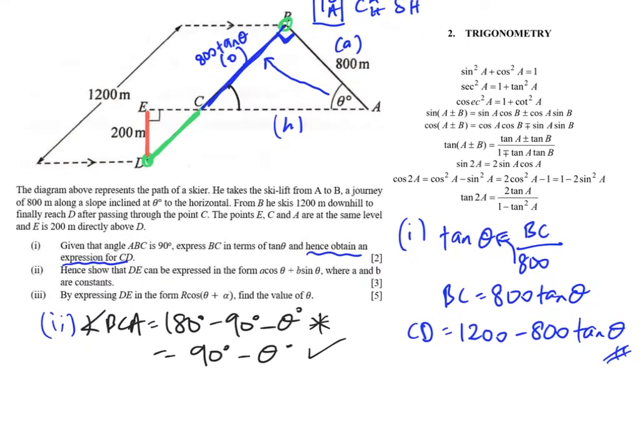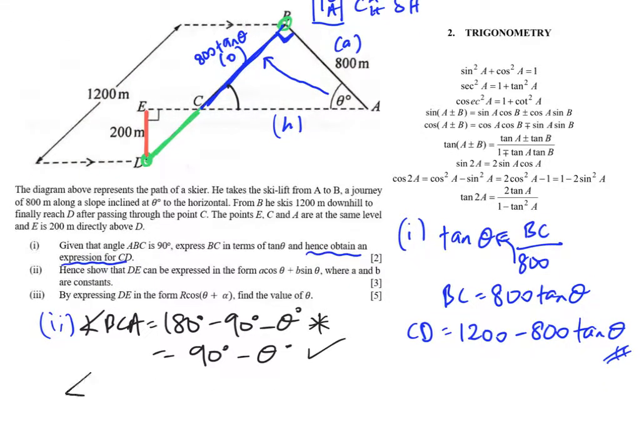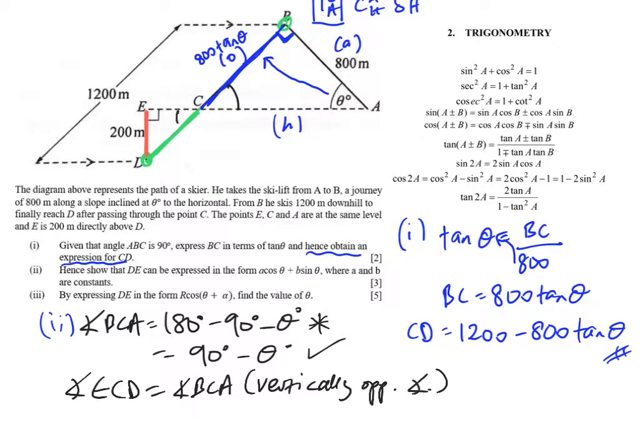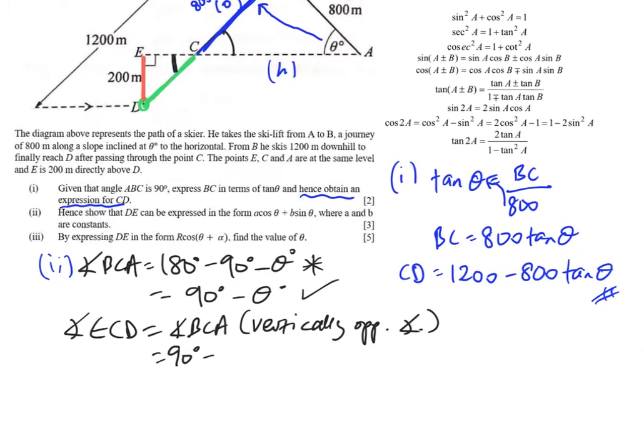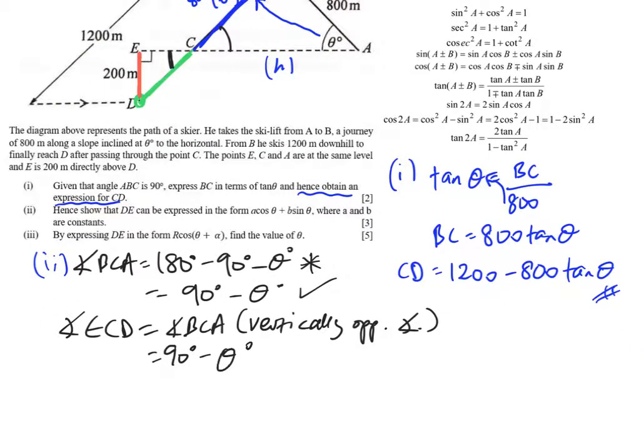So if BCA is 90 minus theta, angle ECD is exactly equal to angle BCA by virtue of vertically opposite angles. So this angle right here is also 90 degrees minus theta degrees.